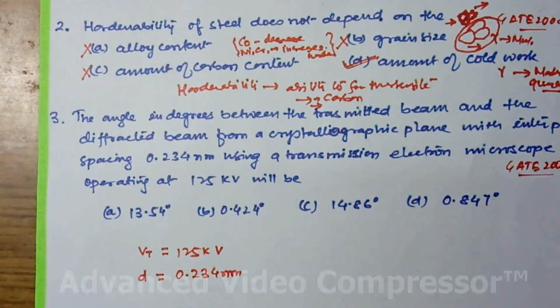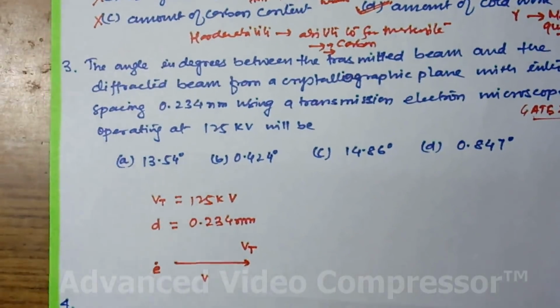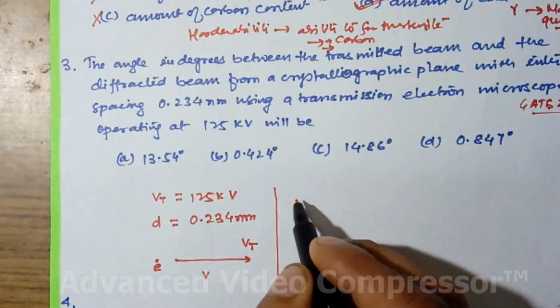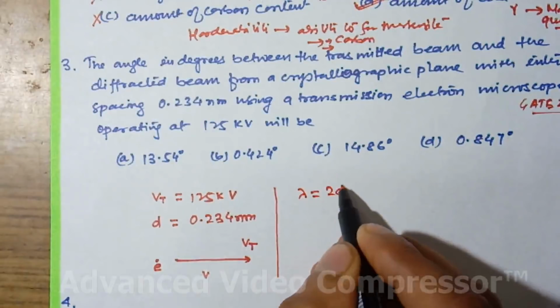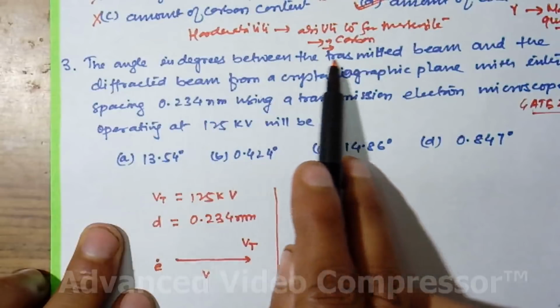Okay, now since electron is used in the diffraction, assume there is one electron, and this electron will be accelerated with velocity v if you apply a potential of V. The first thing we need to find here is lambda, because we will use the formula lambda equal to 2d sine theta, because it is asking about theta, the angle in degrees between the transmitted beam and the diffracted beam.